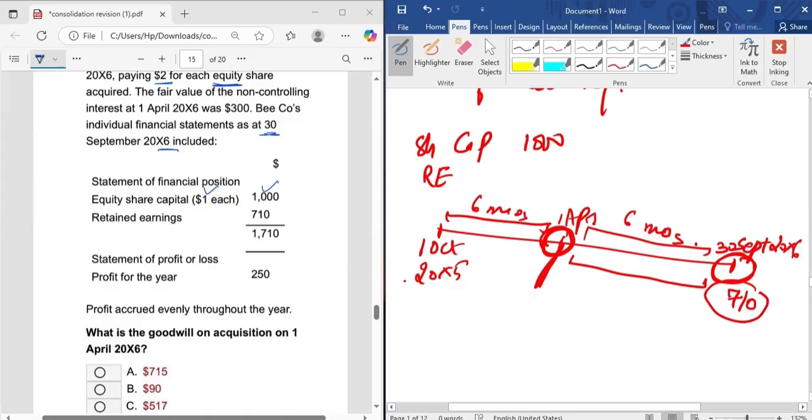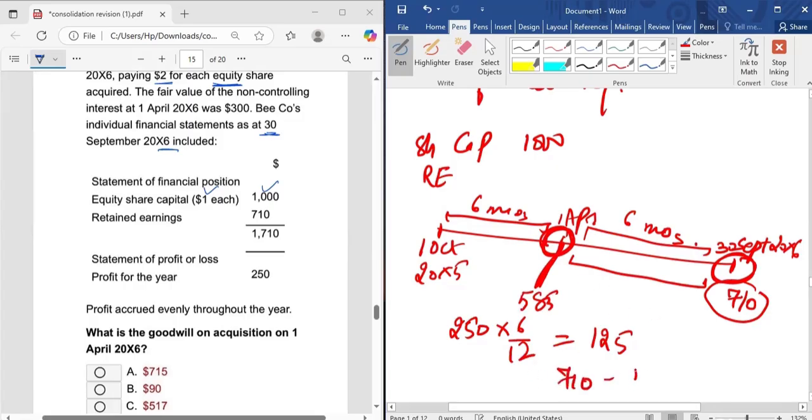My profit was 250. I'll multiply it by 6 by 12, half of this, which is 125. So I will subtract this 125 from 710. 710 minus 125 is 585. So my retained earnings at acquisition are 585.